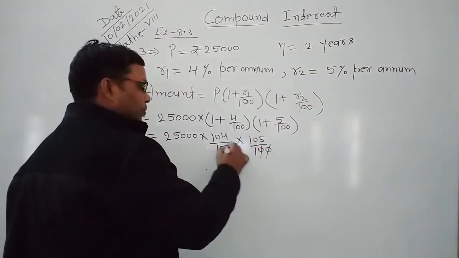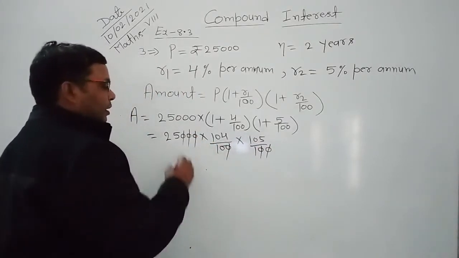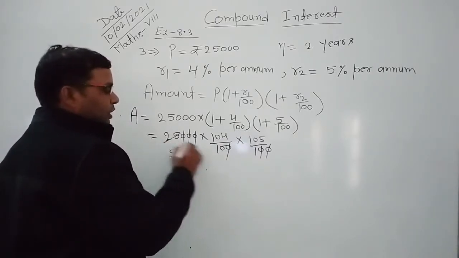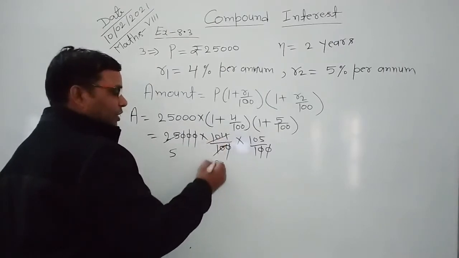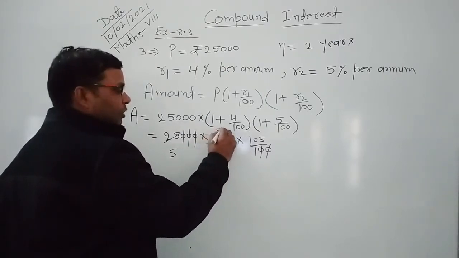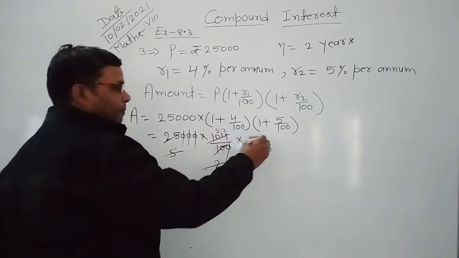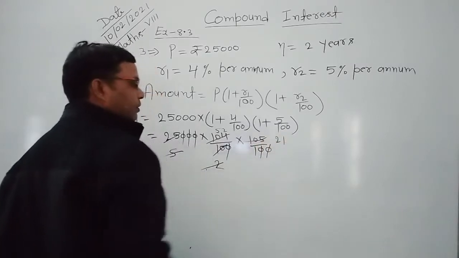You can cancel the zeros. Now if you cancel it by 5, 5 is 25 and 5 is 10. You can cancel it by 2, then you get 52, and if you cancel it by 5, then you get 21.